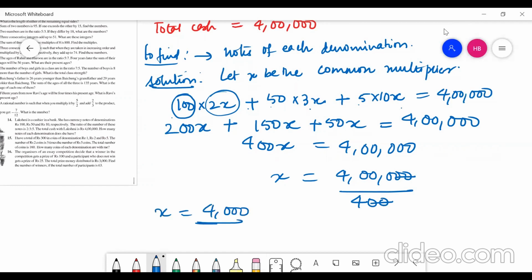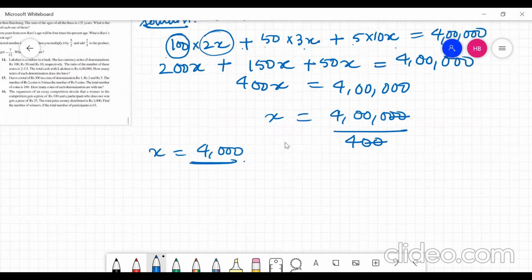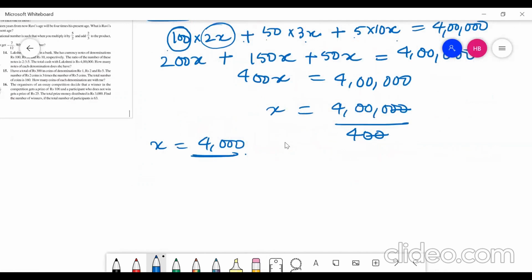So if x is 4,000, now putting back these values, what do we have to find? The number of notes of each denomination. So the number of rupees 100 notes is equal to 2x, which is 4,000 into 2, which will be 8,000.